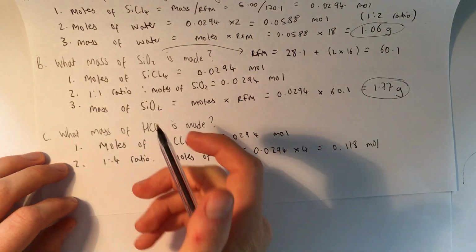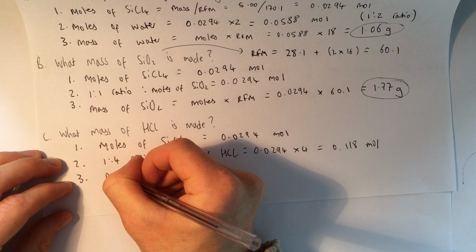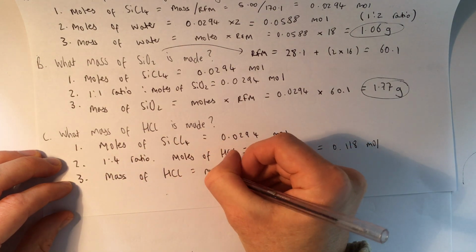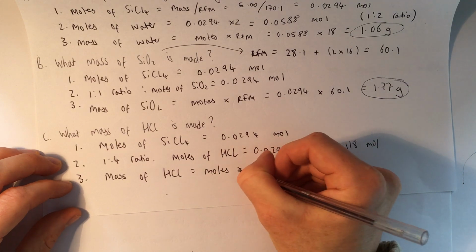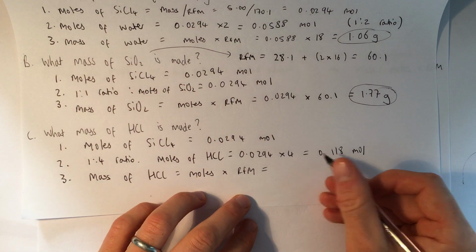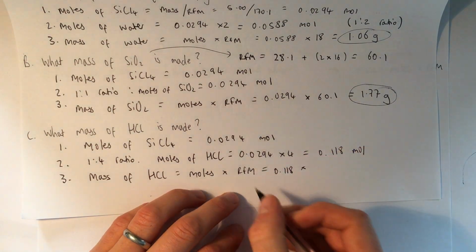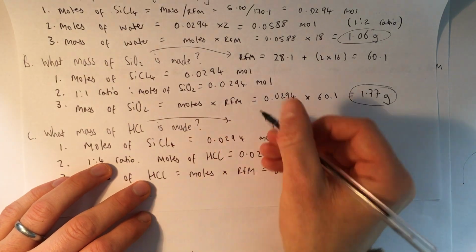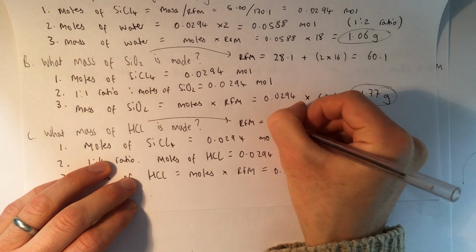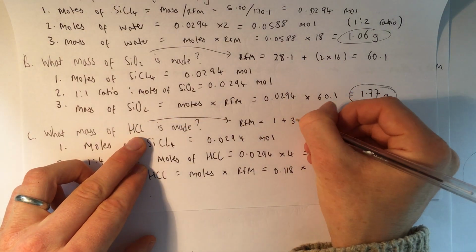Last step, work out the mass of the thing I've actually been asked about. In the question I'm asked the mass of hydrogen chloride. Mass of HCl is the moles times the relative formula mass of HCl. I've just worked out that our number of moles of HCl is 0.118. And the relative formula mass of HCl, getting all this from the periodic table, is one hydrogen atom, 1, and one chlorine atom, 35.5.